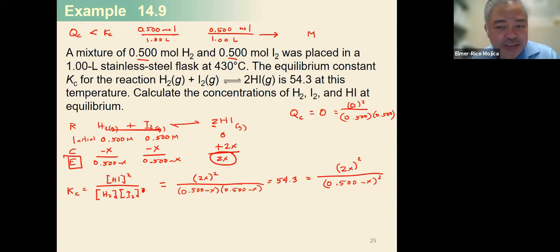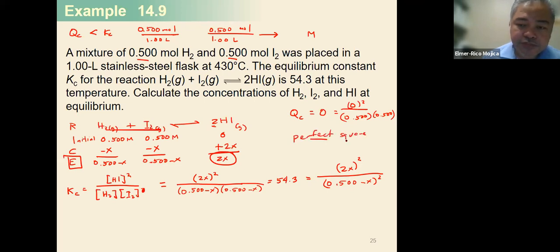So the value that we have here is known as a perfect square. So when you have a perfect square, how are you going to simplify this? How are we going to remove the squared on this side here?